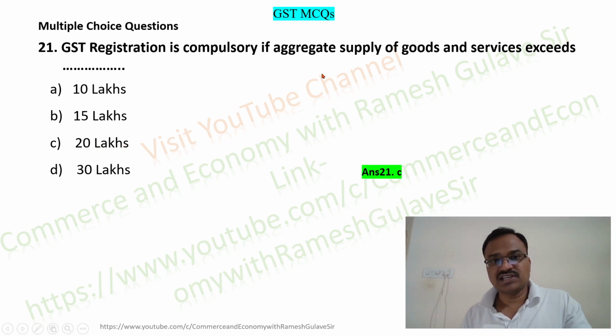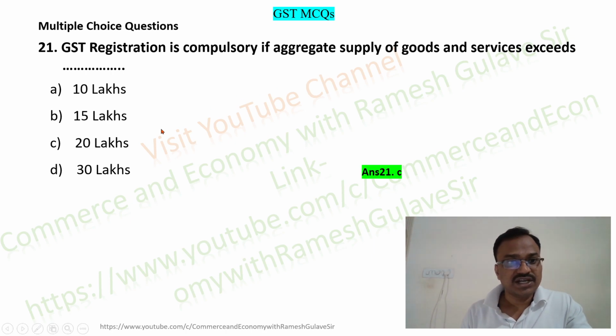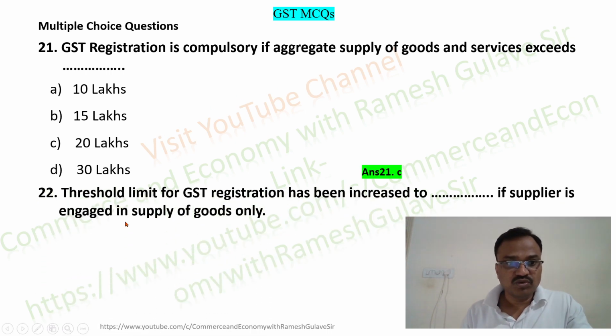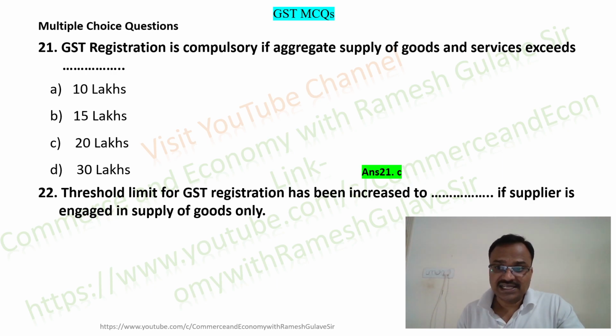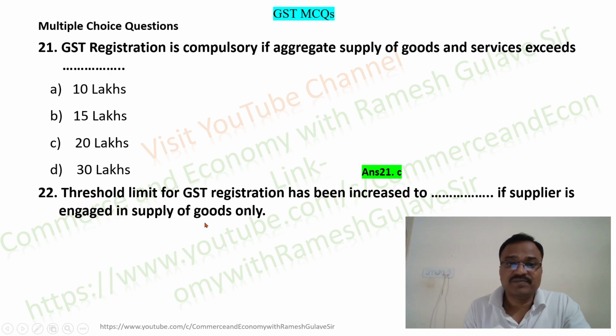GST registration is compulsory if aggregate supply of goods and services exceeds 20 lakh. Let us move on to the next question, and it says threshold limit for GST registration has been increased to dash if supplier is engaged in supply of goods only. See, friends, this is a tricky question. So I would like to show you the previous question, that is question number 21.